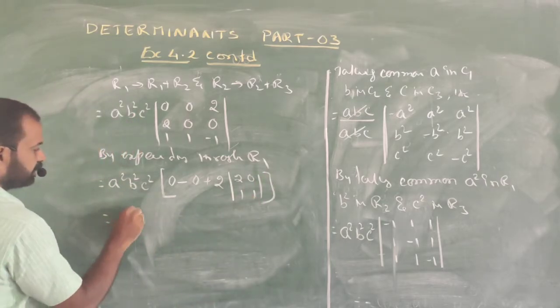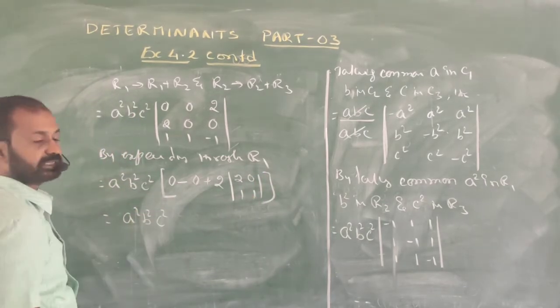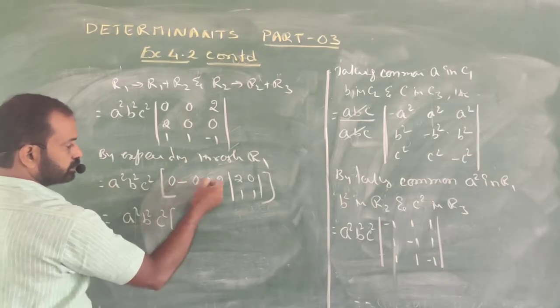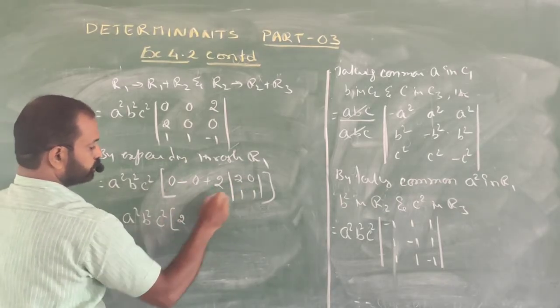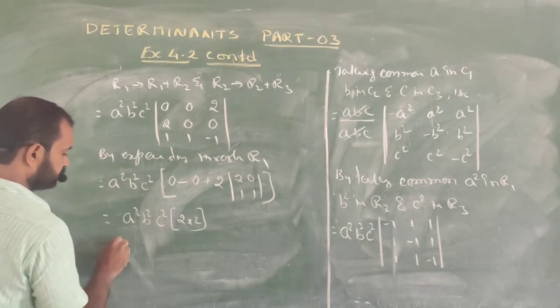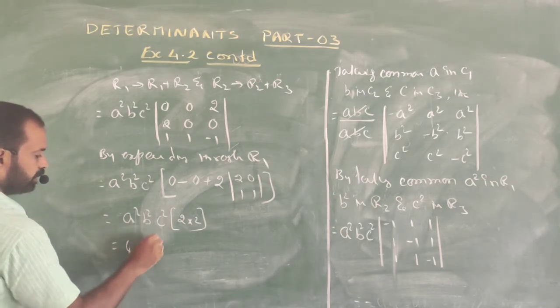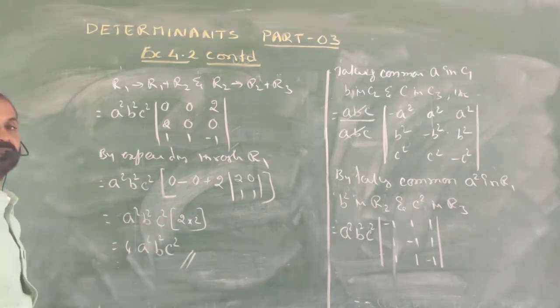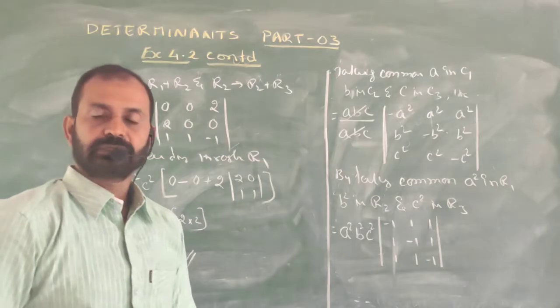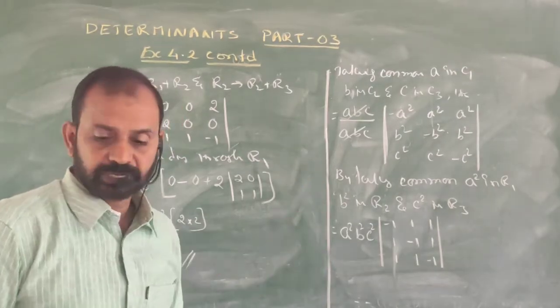This is a squared, b squared, c squared into 0, 0. This is 2 into 2 minus 0. It is nothing but 4 a squared, b squared, c squared. So I hope you have understood.